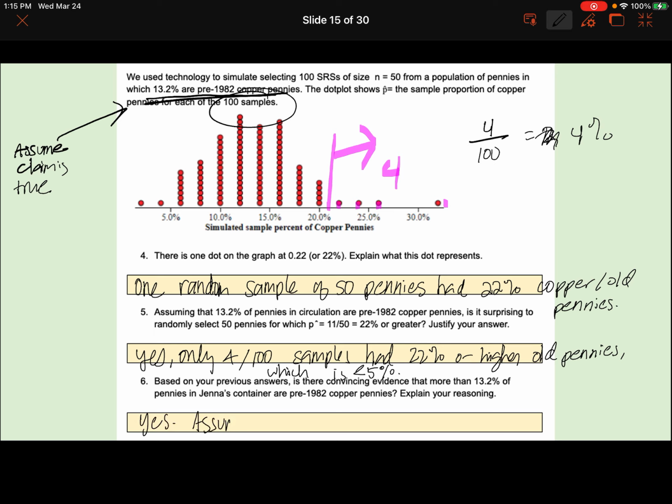Assuming the container had 13.2% old pennies, copper pennies, it is unlikely to get a result of 22% or higher. I'm running out of space here. Sorry. Okay. That was a very unusual result if the claim was true. So that tells us that we actually have convincing evidence that the claim is not true.